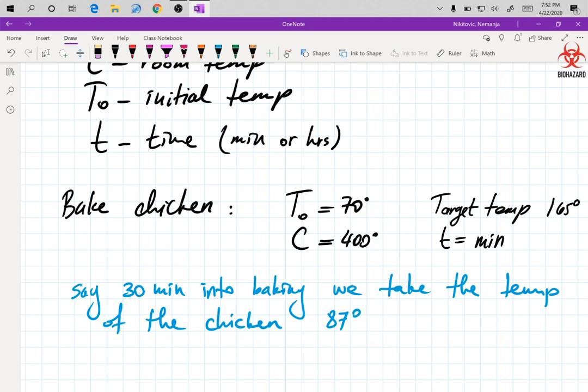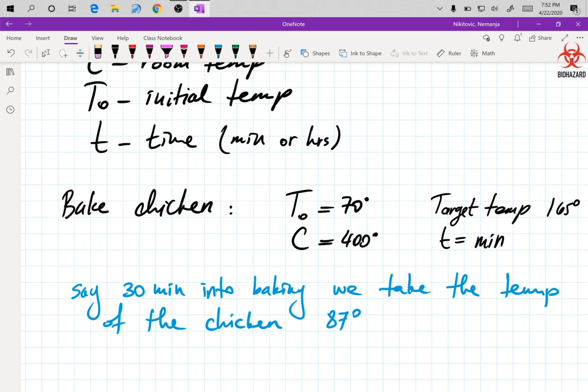Type of the oven: gas, electric, wood burning, right? Size of the chicken, right? It's small, medium, large. The container the chicken is in, right? Because the heat penetrates differently if it's lower walls, higher walls, metal walls, aluminum walls, or the glass thing, or a ceramic, right?